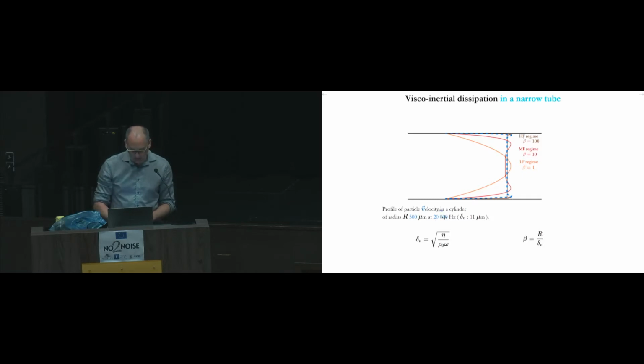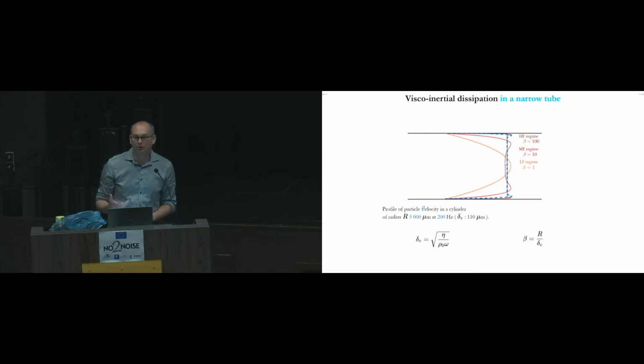We can also, of course, change the value of the radius, and it will change the regimes that you can attain. So if you want to have some dissipation, we have dissipation when we have a boundary layer which is quite high, close to the value of R, the radius.